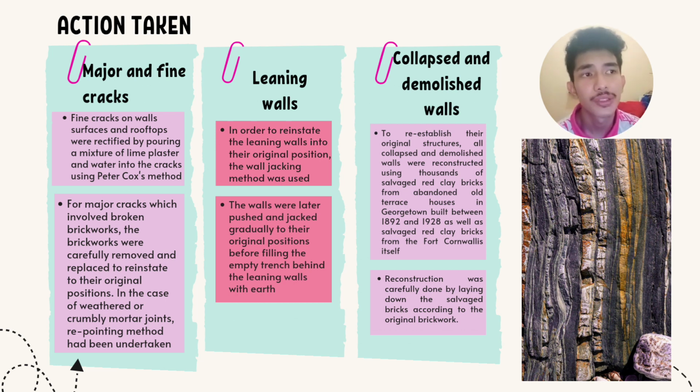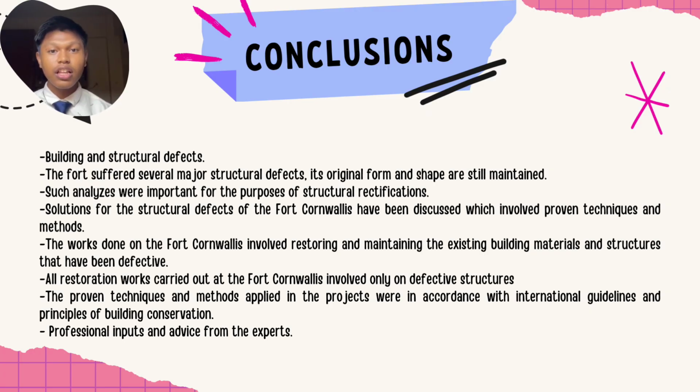Results had shown that all of them had a high level of compressive strength, ranging from 25.0 Newton per mm squared to 47.8 Newton per mm squared, which is compatible with the compressive strength of the existing red clay bricks found at the Fort Cornwallis.